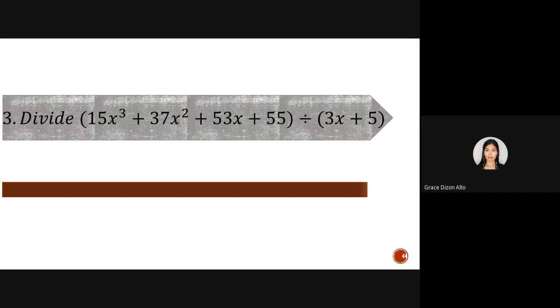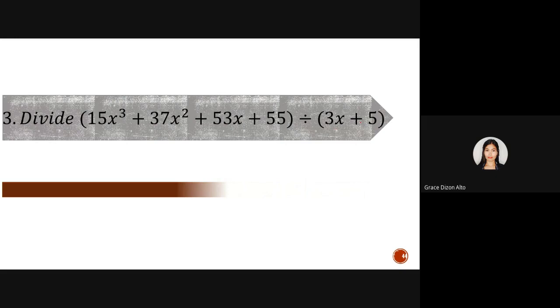For number 3, divide 15x cubed plus 37x squared plus 53x plus 55 by 3x plus 5. So in order to get the value of our x, we will be dividing by 3, since our first term should always have a numerical coefficient of 1.